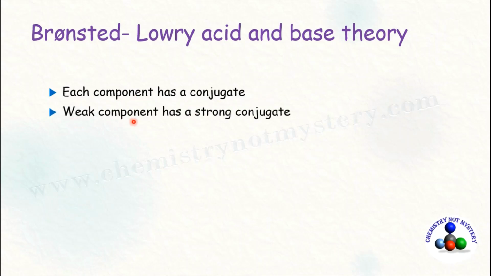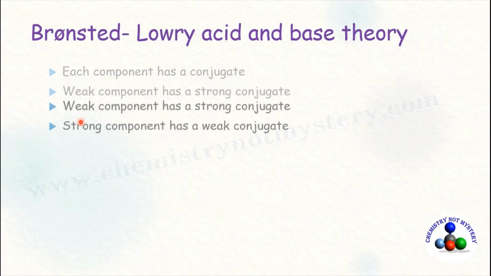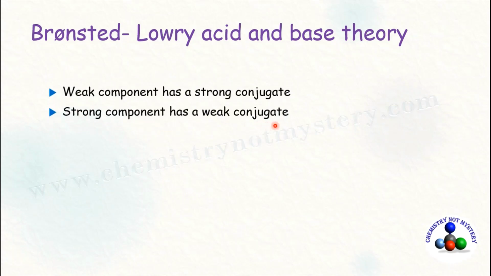A weak component has a strong conjugate. For example, when water dissociates, it gives H plus ion and OH negative ion. Because water donates H plus, it will act as an acid, and OH negative will be the conjugate base of water. Here we know water is a weak acid, so its conjugate will be a strong base. Similarly, a strong component has a weak conjugate.